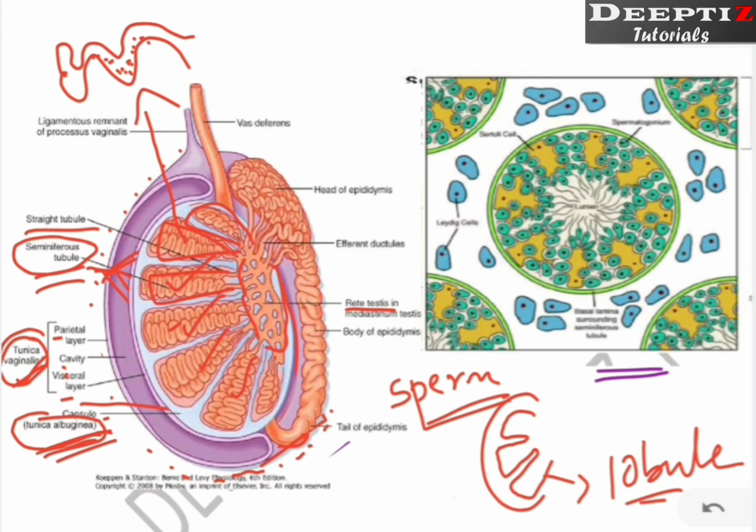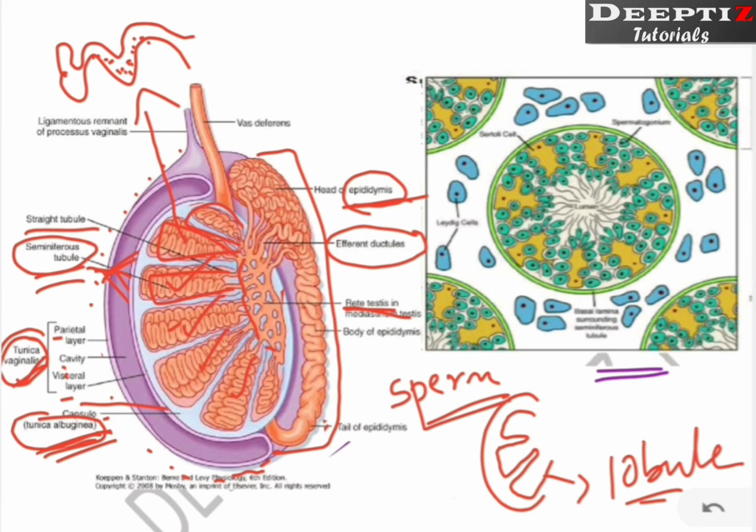From the rete testis, the sperm will go to a structure we call the epididymis. So this much is the epididymis. Now the important thing: from the rete testis, the sperm is collected to the epididymis by another tube, we call it efferent ductules. So what are efferent ductules?